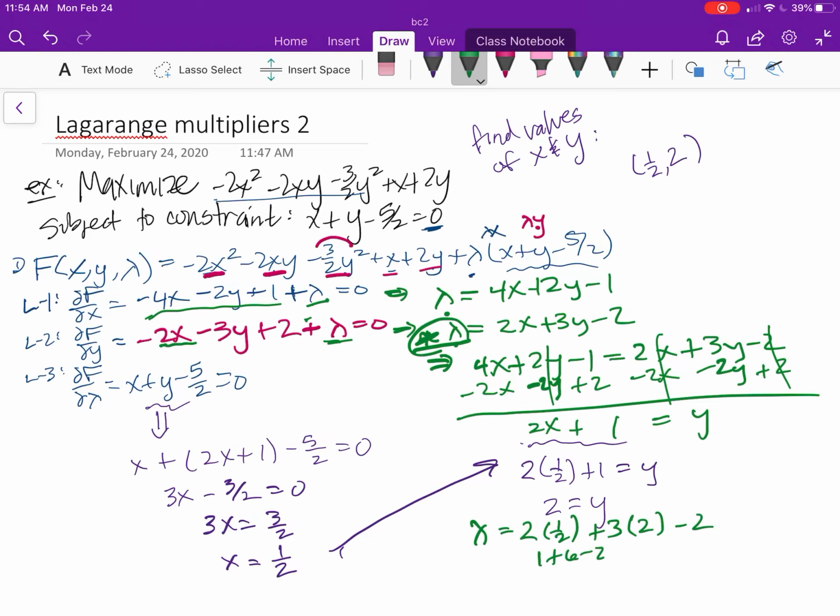So it'd be 1 plus 6 minus 2 is 5. Now, it's meaningless, right, in this case. The original function didn't even have a lambda. However, that's how you wrap it up. If it does, in fact, want to know the Lagrange multiplier, the lambda that we used in order to maximize that function, subject to that constraint.